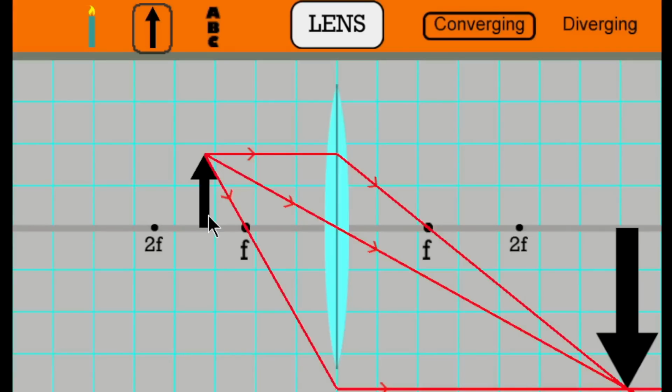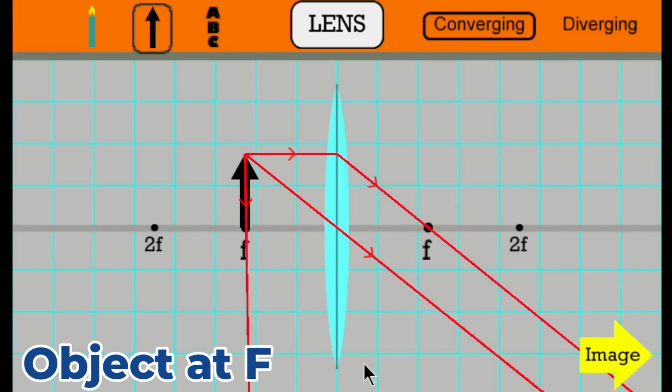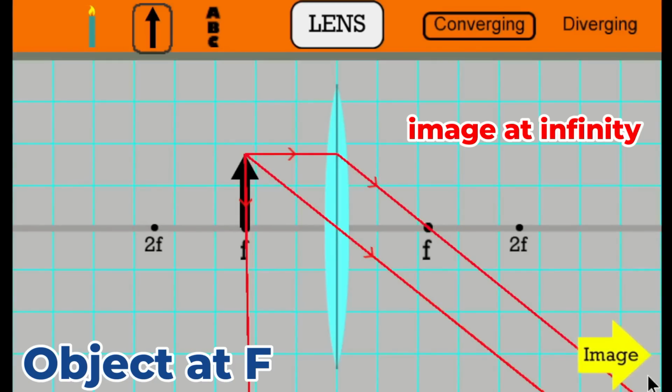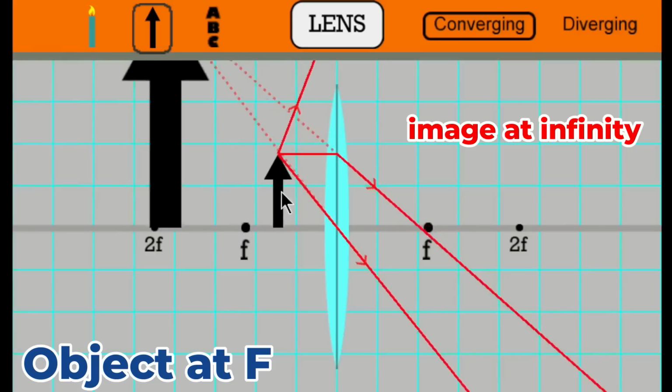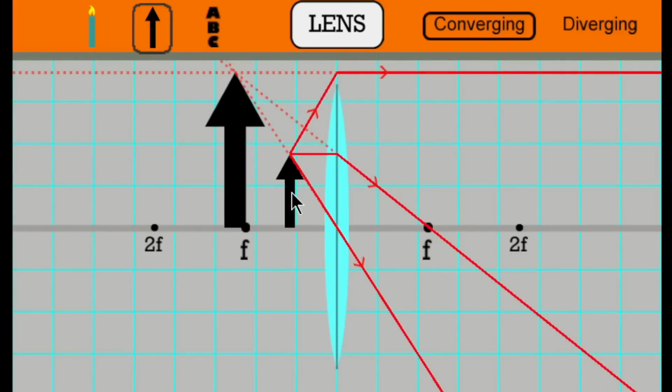Next, if we place your object at F, okay, the image will disappear kasi maliit lang yung ating screen. So that means that the image is at infinity. So we cannot really describe our image kasi napakalayo niya.